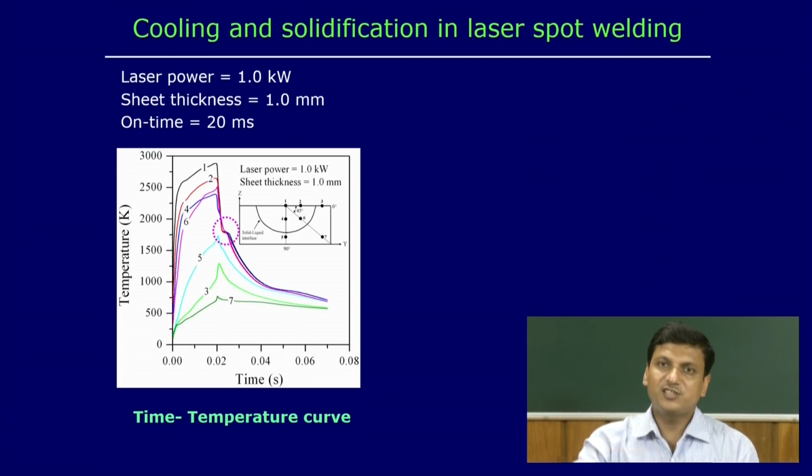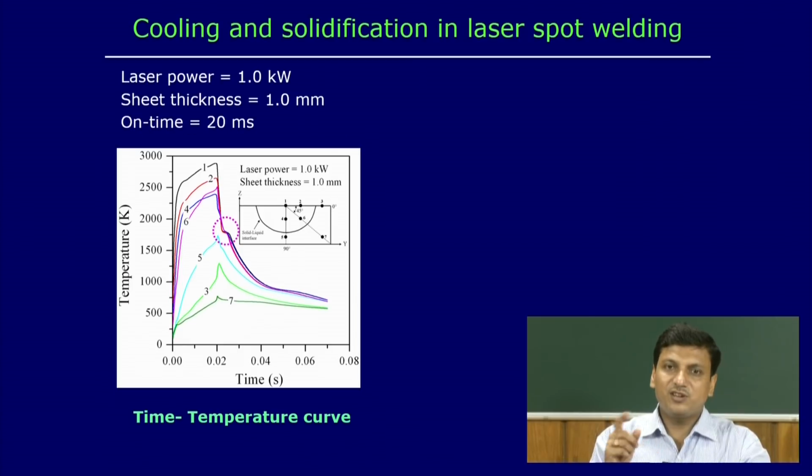That means the laser was on for 20 millisecond, and then we can find the time versus temperature graph at different fixed spaces. We have defined different points 1, 2, 3 along the surface, and along the depth direction the points 4, 5, some characteristic points have been defined, and at those points we can find the temperature versus time.